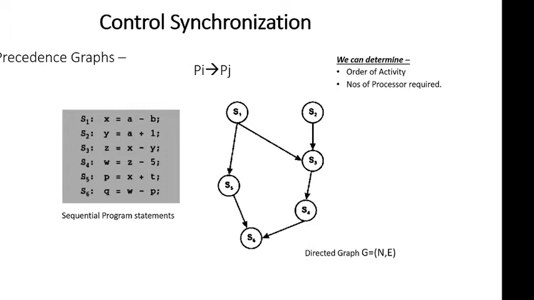And the directed graph can be represented by G of N, E, where N is the node and E is the edges. The nodes can be the concurrent processes, or the nodes can also resemble different parts of the same program. Okay, maybe a program is having different parts and all of them are running concurrently.